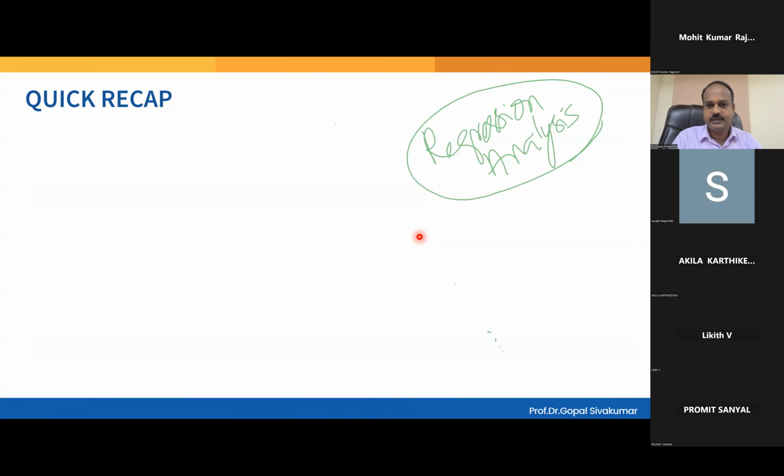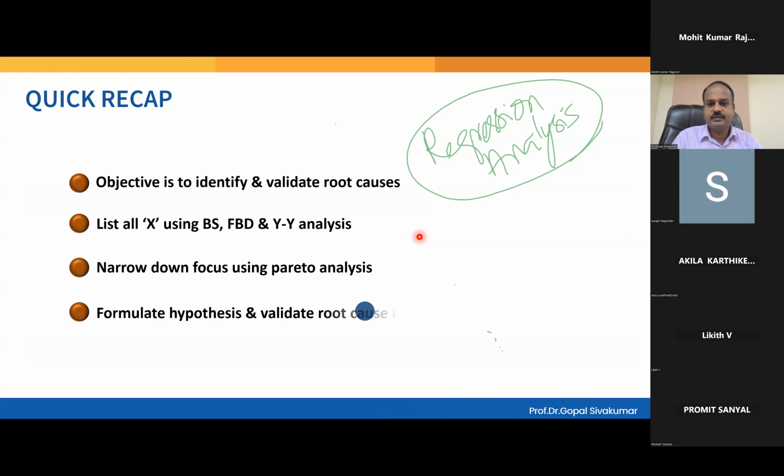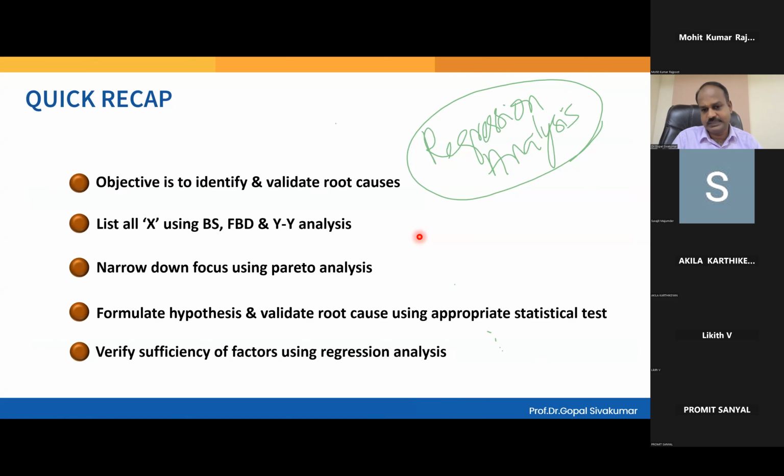All right. So this is what is in the analysis space. The objective is to identify and validate the root cause. For that purpose, you must list all possible X using brainstorming, fishbone diagram, why-why analysis. And then we should narrow down our focus to potentially critical factors.